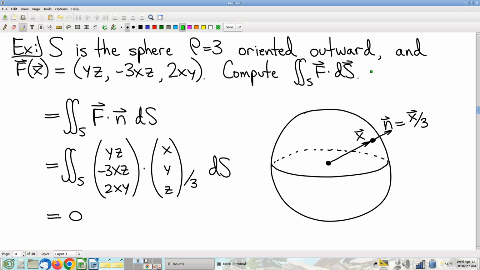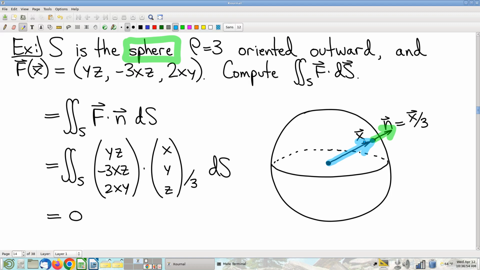Right? And notice what I've done here. I haven't even parameterized this surface at all. I don't need to parameterize it because I observe from geometry, right? Gotta love this word right here. Spheres. Spheres are awesome. They have fantastic symmetries. One of which is that the normal vector to the surface is always a scalar multiple of the position vector at that point on the surface.